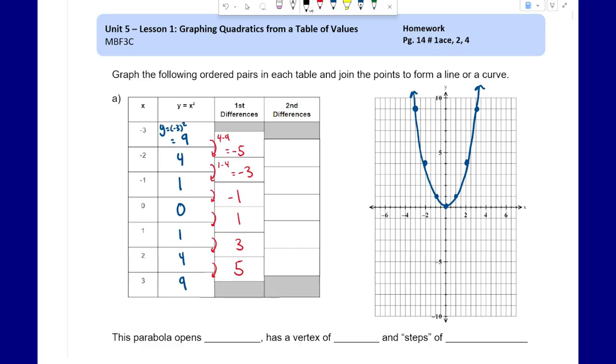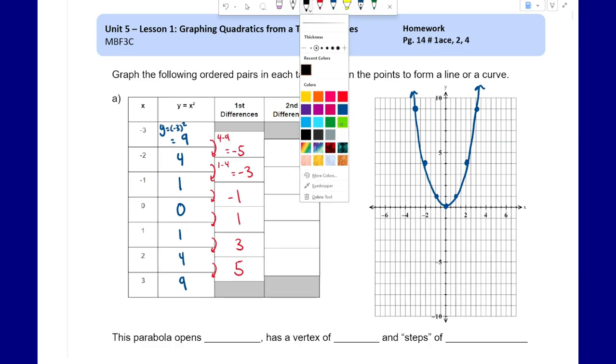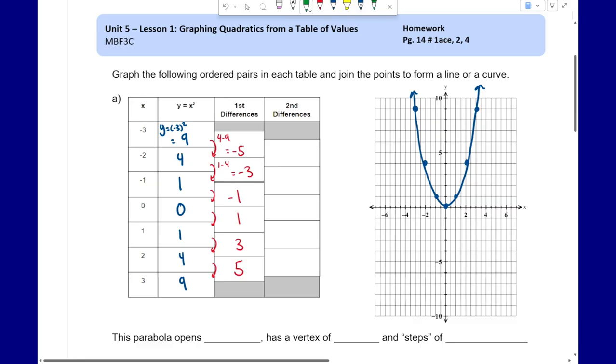That's our first differences. And we should notice that none of the numbers are the same. When we look at the next column, we're doing the second differences, and we're going to be doing the exact same thing, except with the first difference values. So we're going to do -3 minus -5. We're going to see what the change is from one value to another.